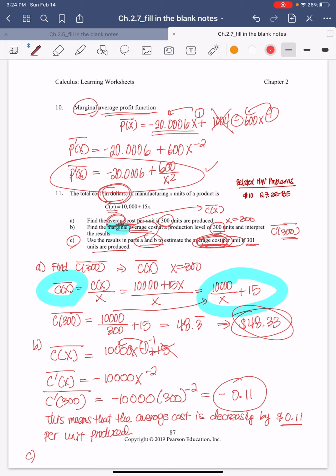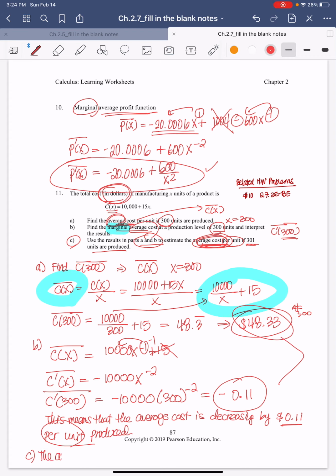You can see that this was 300 production. Creating one more means each unit. So I need to just subtract those two. So let me write it out.